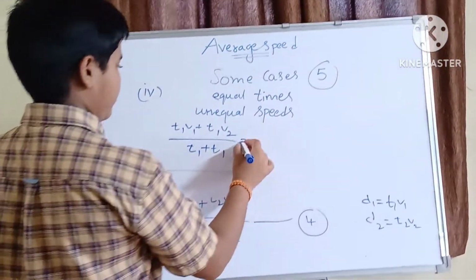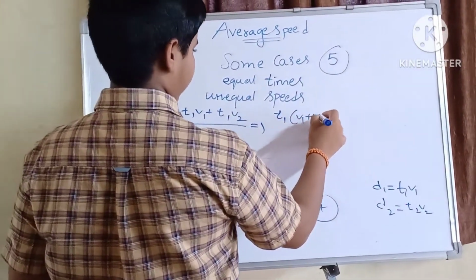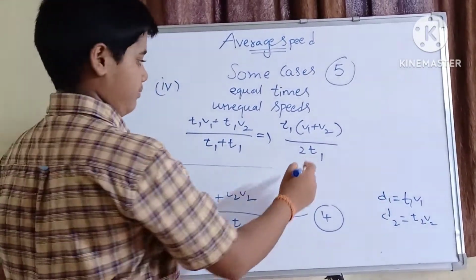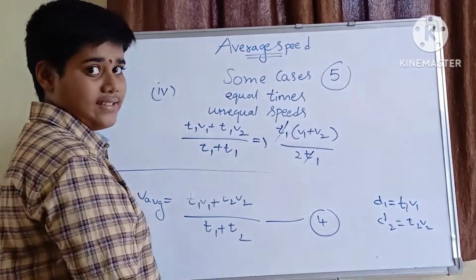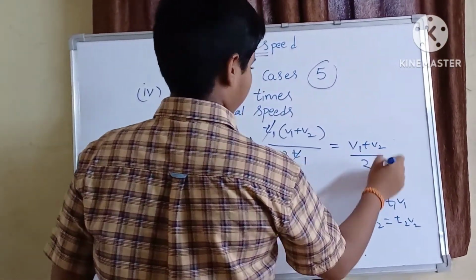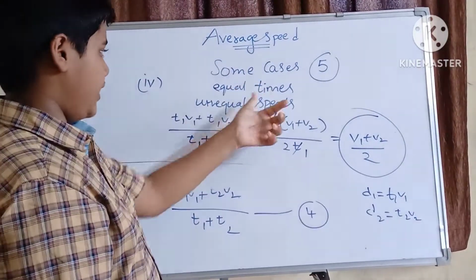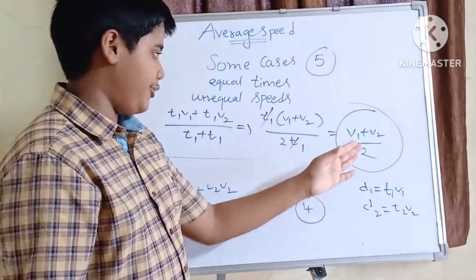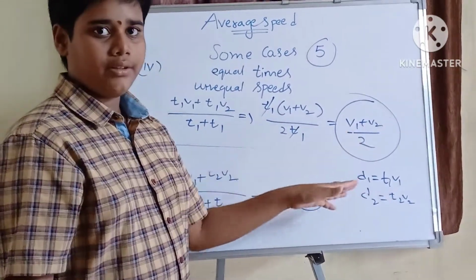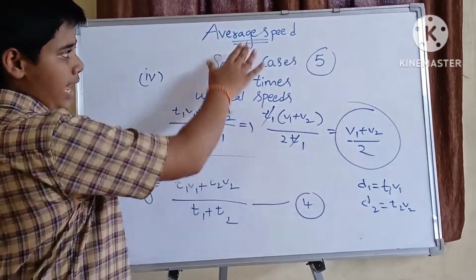I am taking T1 as common: T1 times V1 plus V2 by 2T1. Here T1 gets cancelled and the formula is V1 plus V2 by 2. This is the fifth formula. When they give equal times and unequal speeds, we use this formula, V1 plus V2 by 2. These are some cases in average speed.